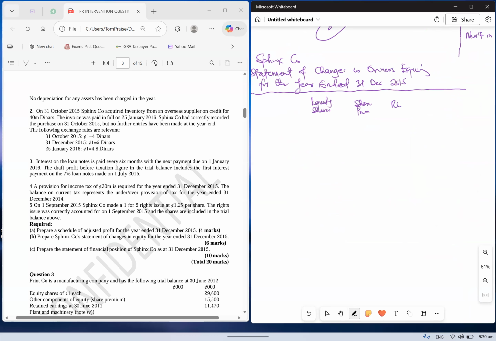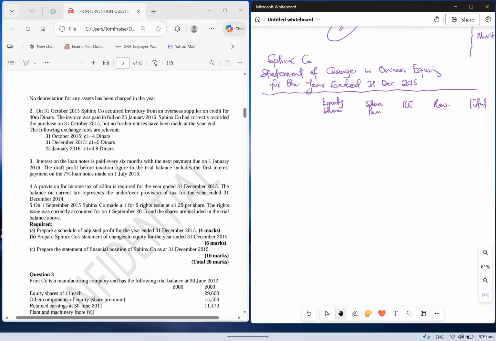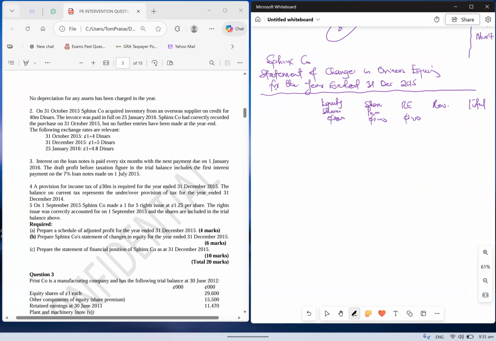Retained earnings. Revaluation. Then you put total. You put in your currency signs. All right. Then you start with balance brought down.